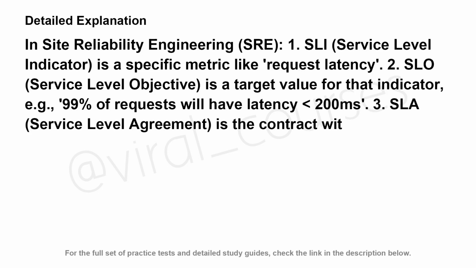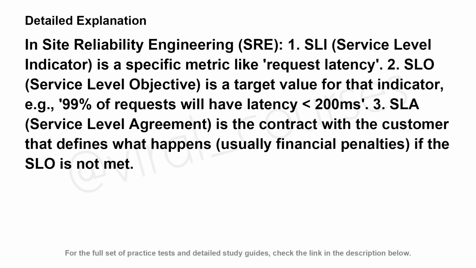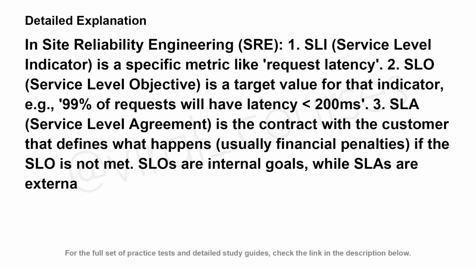SLA, Service Level Agreement, is the contract with the customer that defines what happens, usually financial penalties, if the SLO is not met. SLOs are internal goals, while SLAs are external promises.